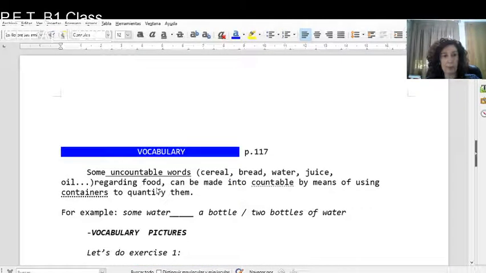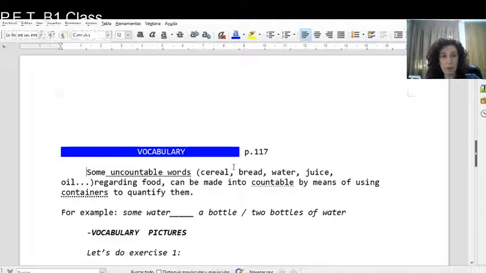Why? Because regarding food, some uncountable nouns, for example, cereal, bread, water, juice, oil, wine, rice, can be made into countable. They are uncountable, never plural, never an s. You could notice that these words are uncountable, we can never count them.